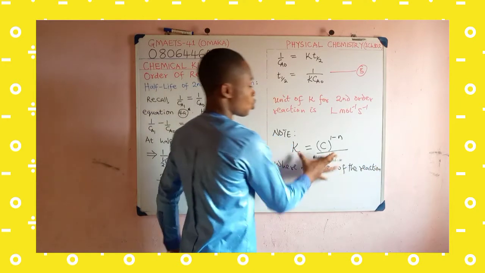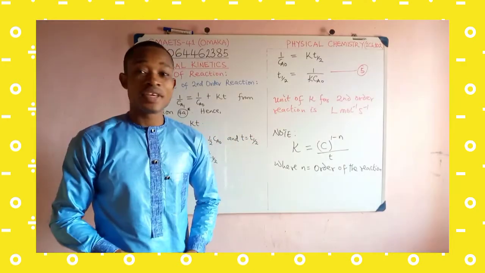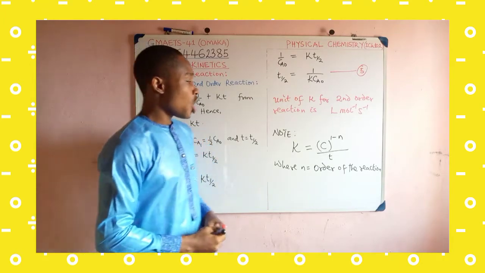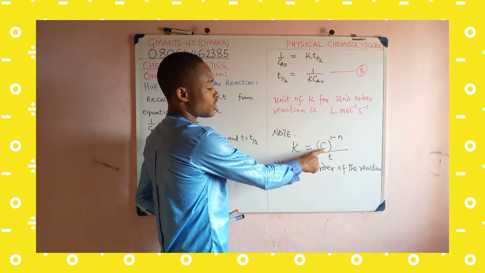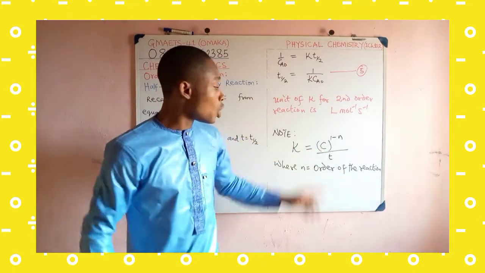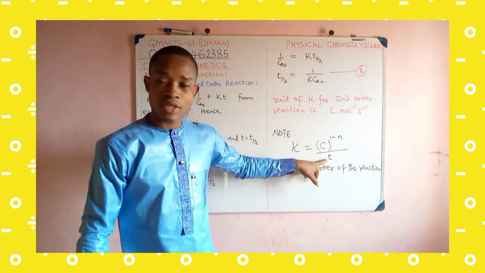So if we have this equation, we can actually get the unit of rate constant for any order of reaction. All you need to do is to substitute the units of concentration, which is either moles per dm cube or moles per liter.